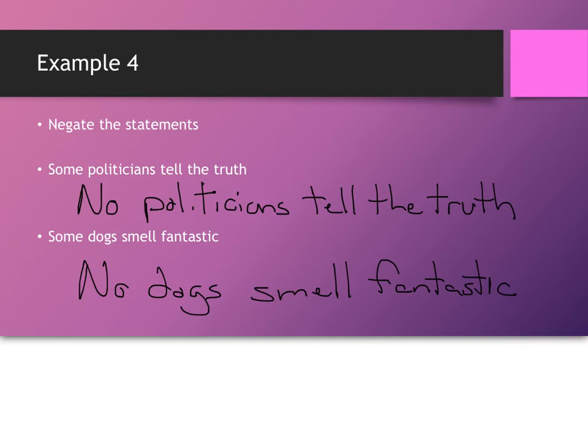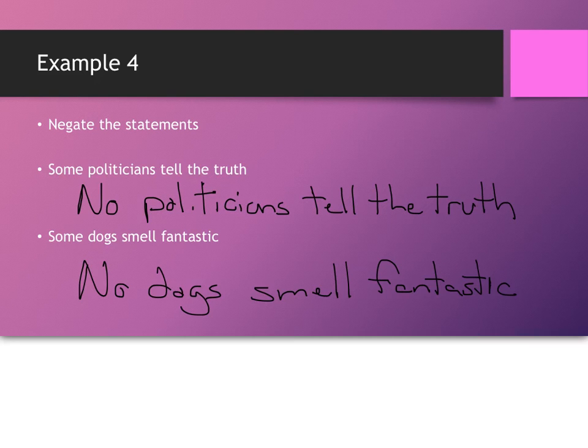Now we've negated ors, we've negated ands, we've negated the word some, we've negated the if-then conditional, which is the same thing as negating all conditionals. So we've negated a lot of different types of statements. But remember the main point that I made at the beginning. Think of how to prove something false. Anytime we try to negate something, think of how you would prove it false.